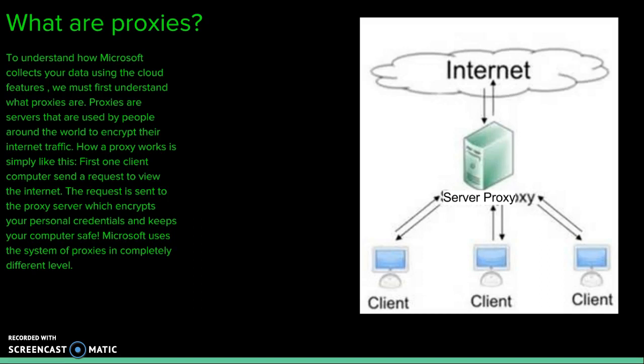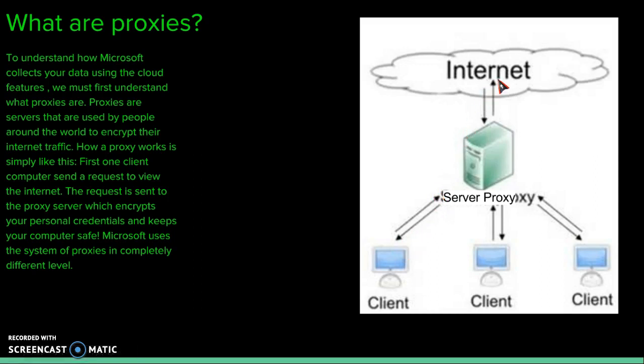How a proxy works is simply like this. First, one client sends a request to access the internet. It sends the request to the server, and then the server encrypts the data, sends the request back confirming that it happened, and then redirects you to the internet.